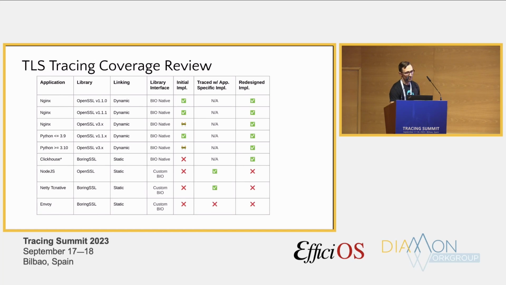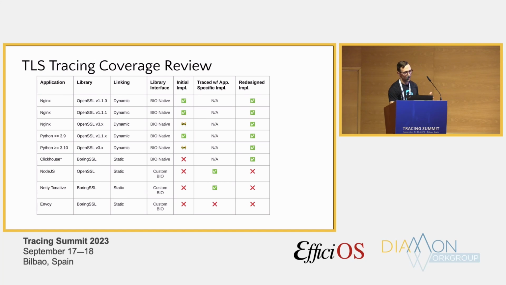Now, as we look to the future, Pixie supports a few of the custom BIO cases like Node.js and NetETC native. However, they rely on application-specific tracing, and so the maintenance of this is even higher than the OpenSSL dynamic tracing, the initial implementation.